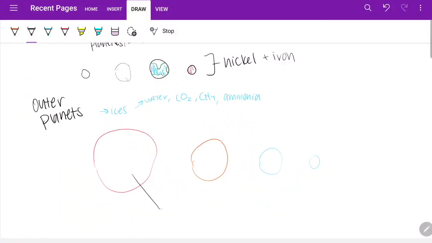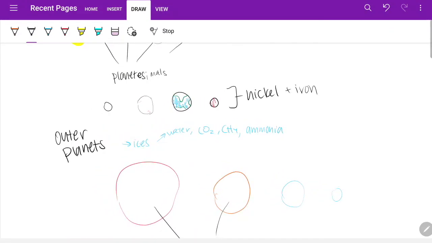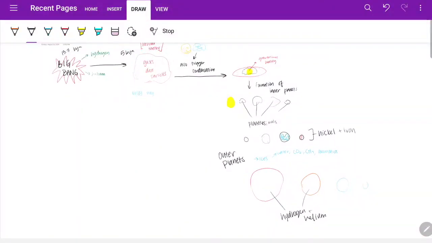So Jupiter and Saturn actually have hydrogen and helium in their atmospheres, whereas on Earth, we don't have hydrogen in our atmosphere and we have very, very little helium. The reason is because they were so light, Earth's gravity could not hold on to them, and processes such as solar wind, which is emitted by the sun, actually pushed those gases away from our atmosphere.